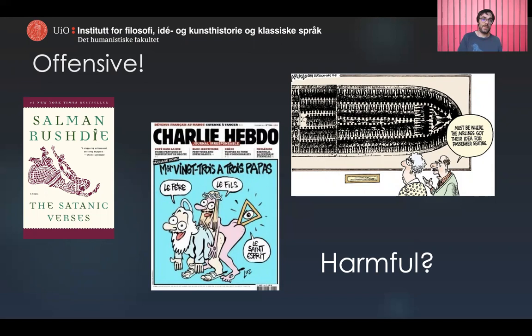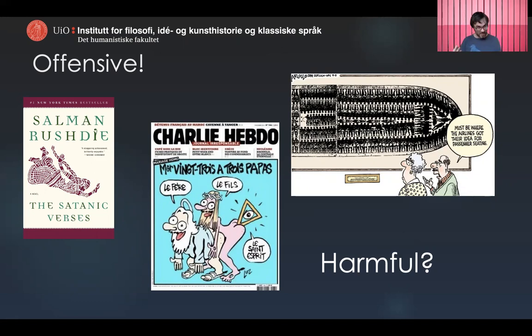The Satanic Verses by Salman Rushdie, his novel, was found offensive by many in the Islamic world. Is that because it caused harm to them? Many people think maybe not. Is it harming you as a Christian to see cartoons like the one in the middle published, or is it harming people of color to have cartoons like the one on the right-hand side be published?